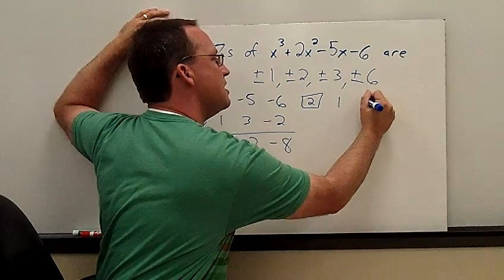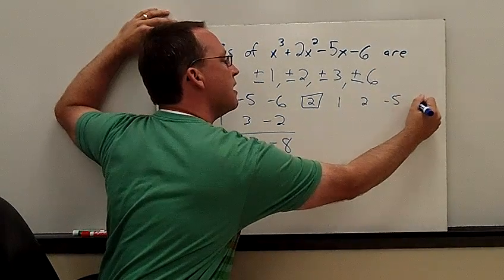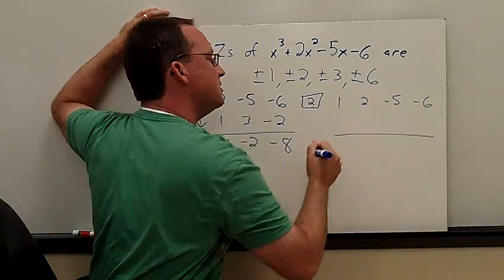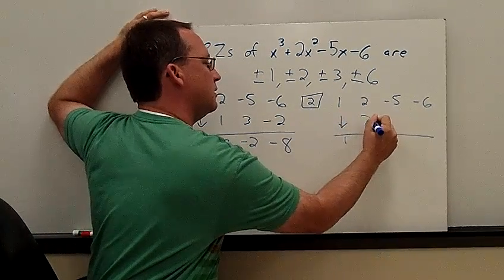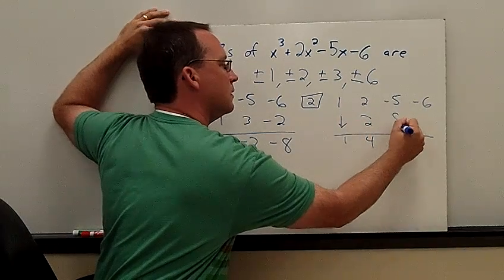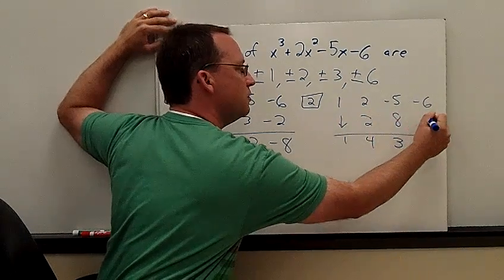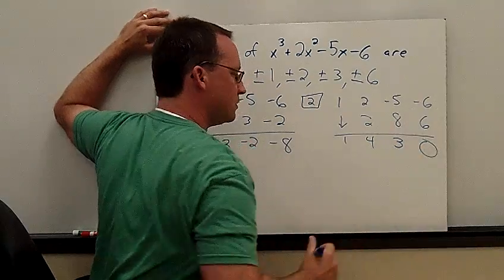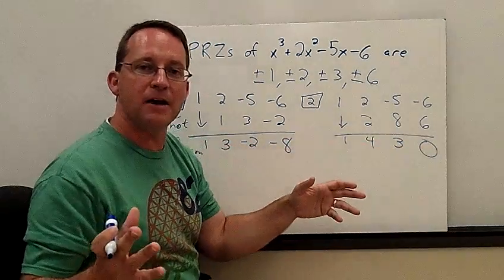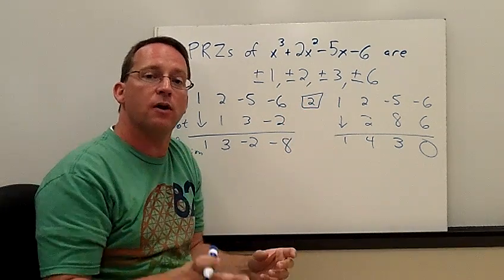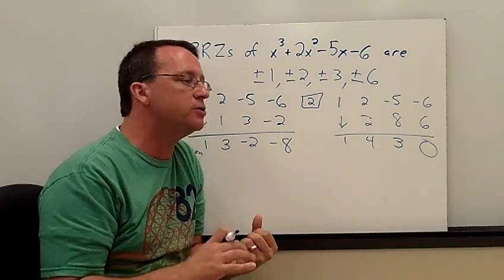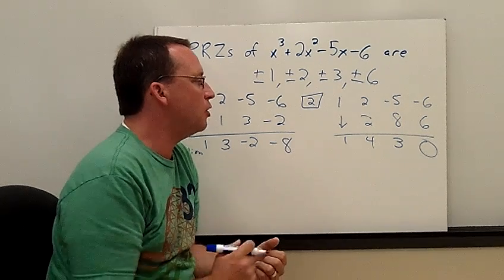Same expression, same idea, trying to figure out if this is a solution. When I do my synthetic division again, I think I'm going to find good news. And I have good news. I have no remainder. Remainder is 0. What that means is that 2 is a solution. It's one of our roots. It's one of our zeros of this polynomial.